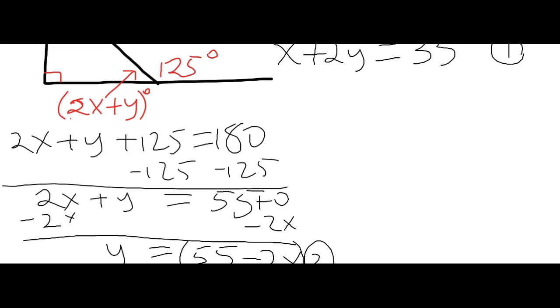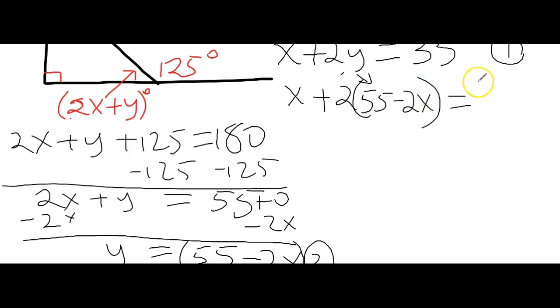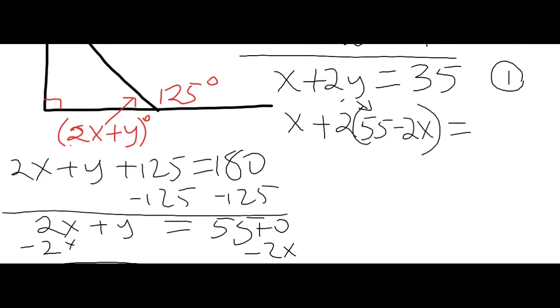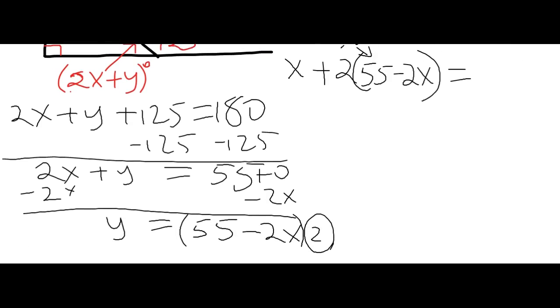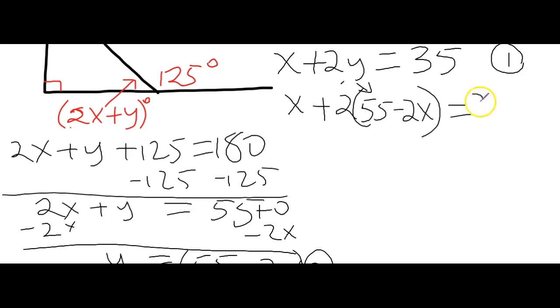So x plus, instead of writing this y here, we replace y with 55 minus 2x, equal to 35.